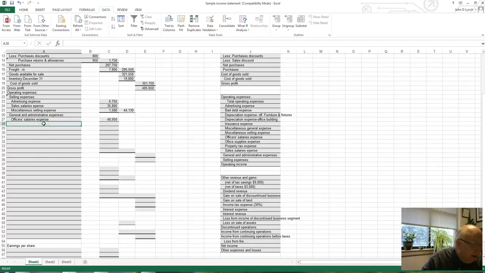We have office supplies expense, and that one is going to be $12,400. Then we'll have depreciation expense on office building, and that's for $28,600. We have depreciation expense office furniture and fixtures, which is for $18,500.